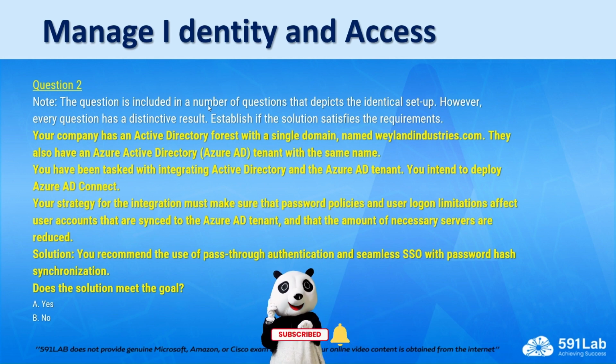Before we know whether the answer is a yes or no, let's go to the Microsoft whiteboard, and then I'll explain how the connectivity of the two ADs, that is the Active Directory on premises and the Azure AD on the Azure side, happens, and what sort of authorization happens for these particular users.